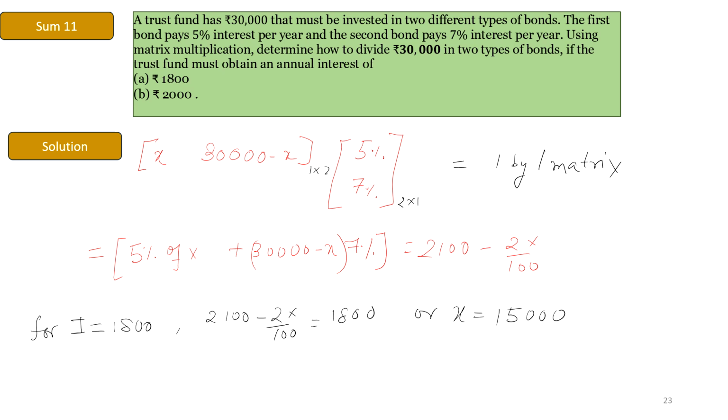For I equals 1,800, solving the above equation, we get x equals 15,000. In this case, we need to divide the total into two parts of 15,000 each to arrive at an interest of 1,800.